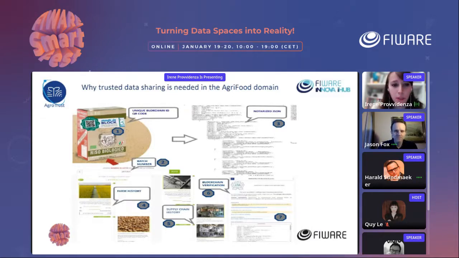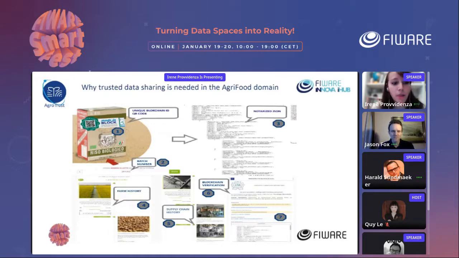So all the workers involved can manage their activities regarding, for instance, the plant protection treatments in their field and their traceability using a chain of trusted data. So that's the focus of our project, having trusted data to share with all the supply chain and all the consumers.